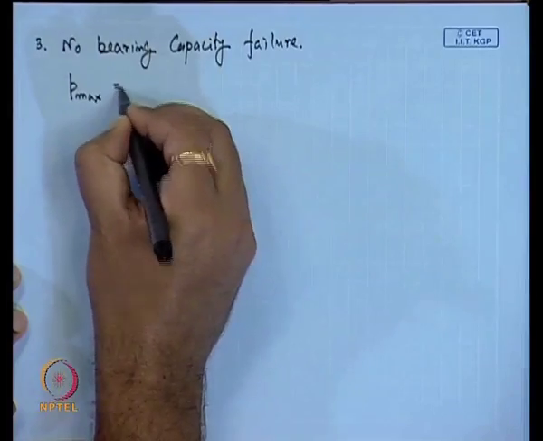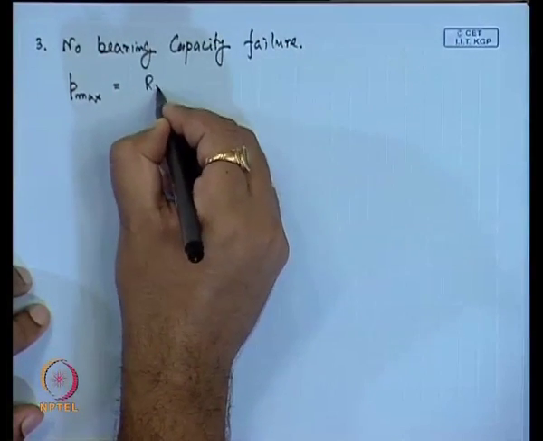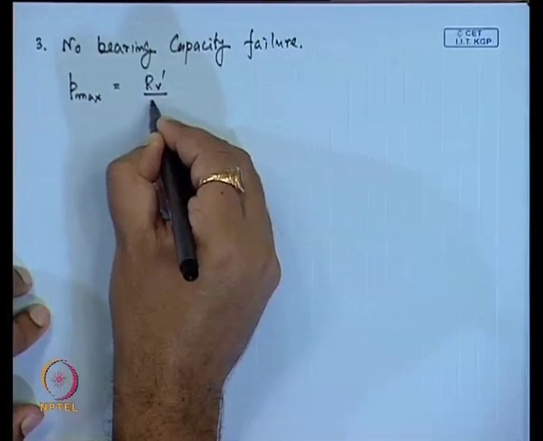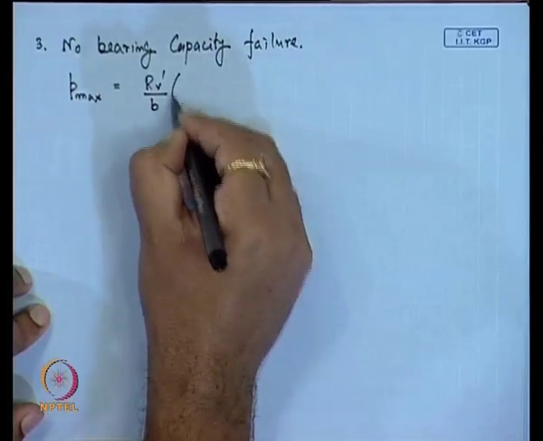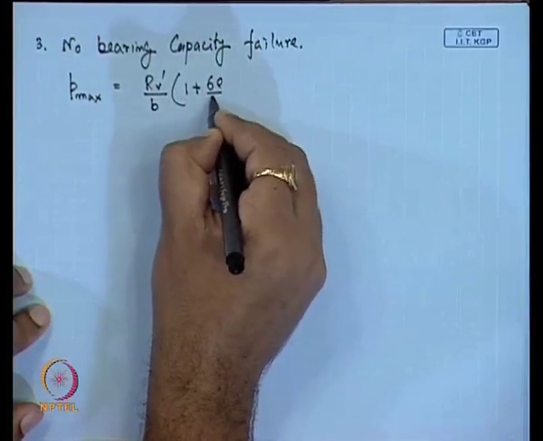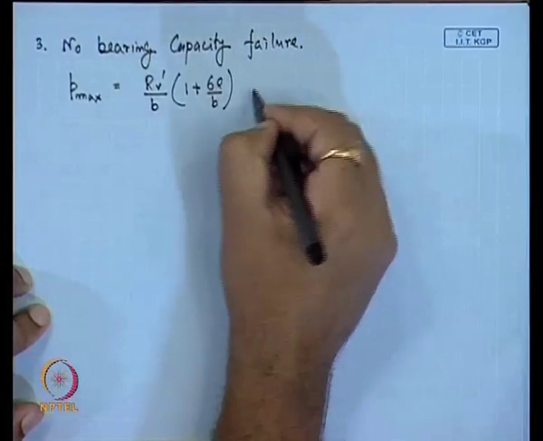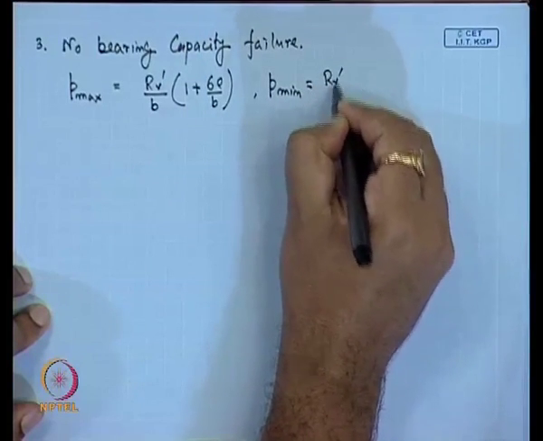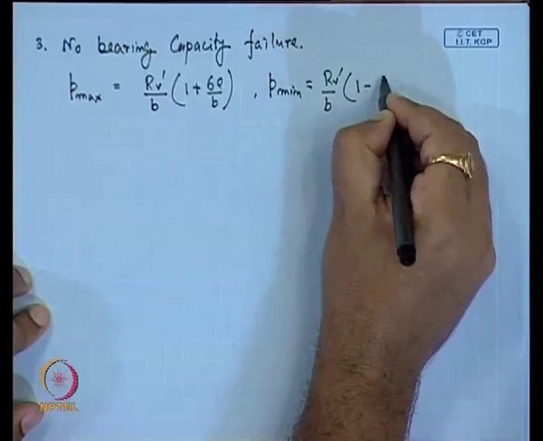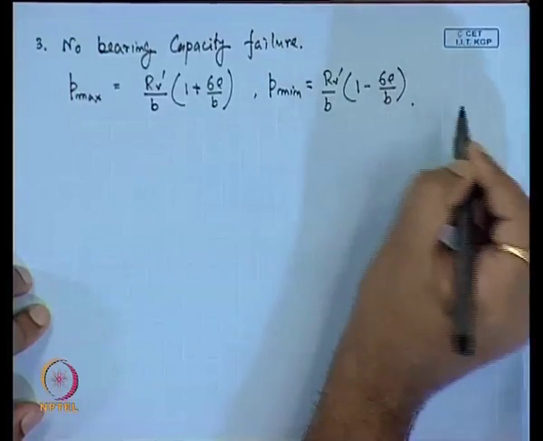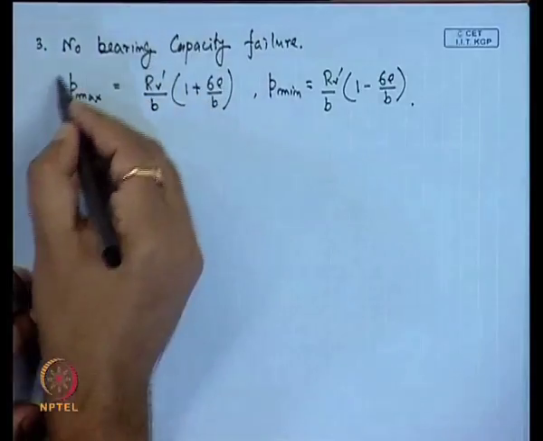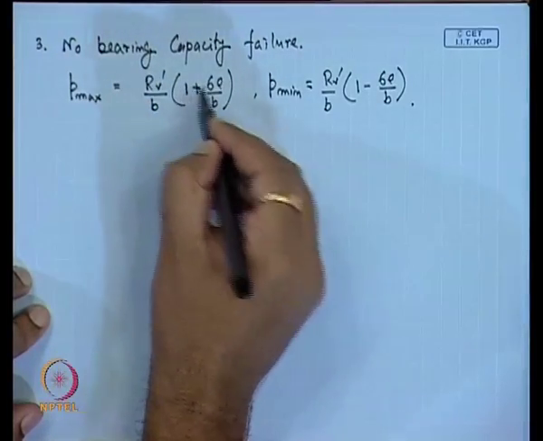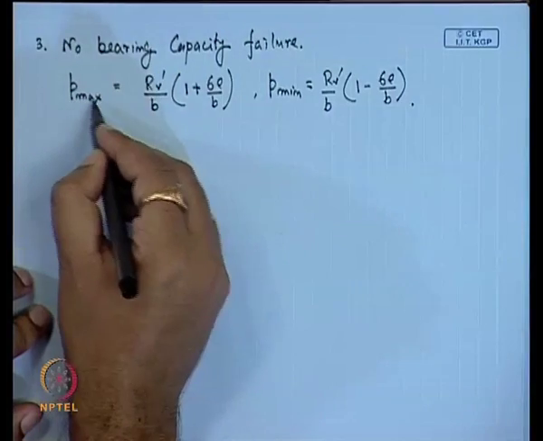Now, for that purpose, we have to calculate the stress P max of the soil, that will give us R V dash, the summation of all vertical force, divided by the width of the retaining wall, into 1 plus 6 E divided by B, and the P min, the minimum one, is R V dash divided by B into 1 minus 6 E divided by B. But here, as we are considering the maximum stress, we will work with this P max.